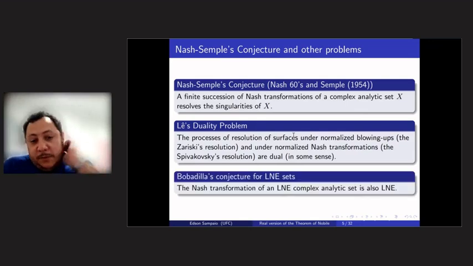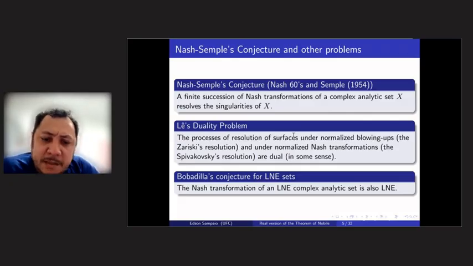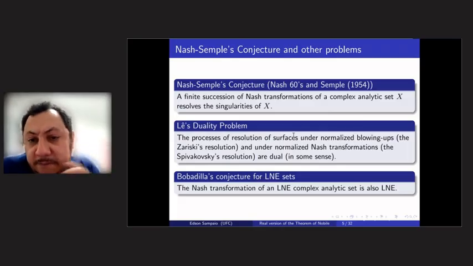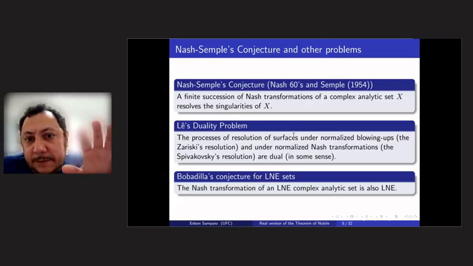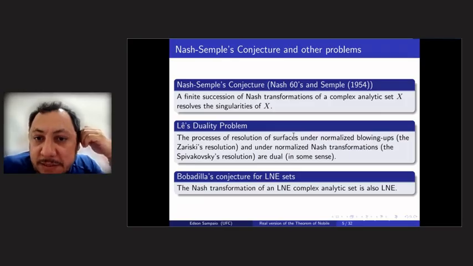And another problem that is related with Nash transformations is a conjecture posed by Javier Fernandez de Bobadilla about LNE sets. LNE here means locally LNE, that is, if you can find a constant such that the geodesic distance is controlled by the ambient distance.